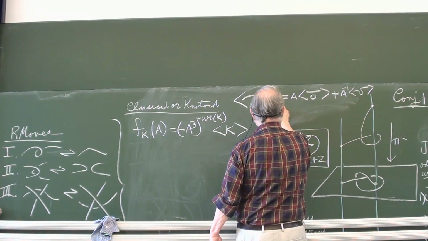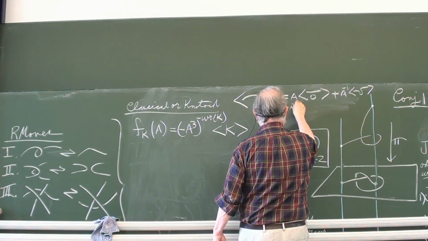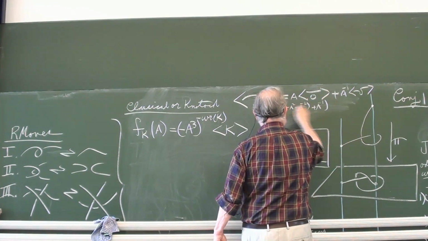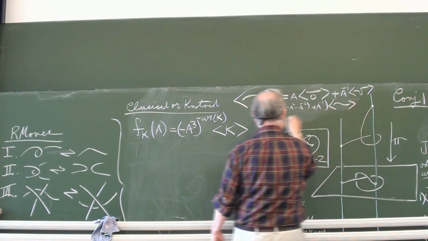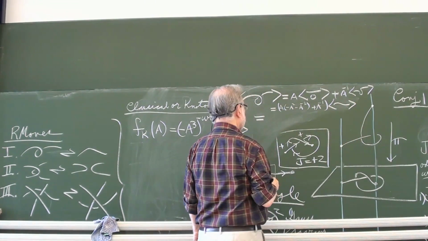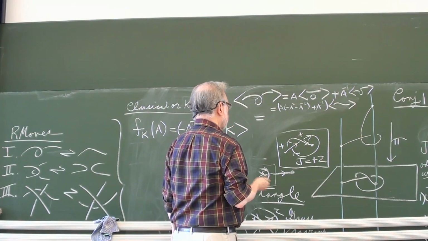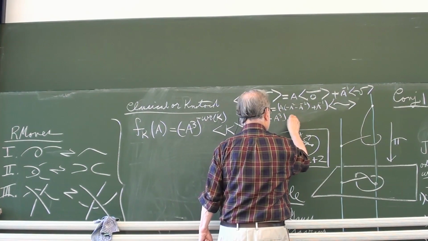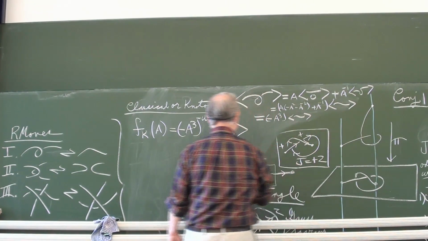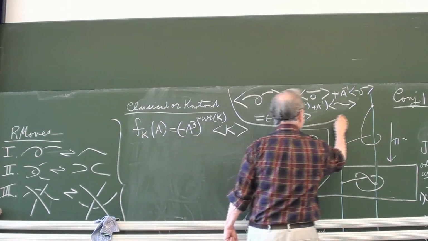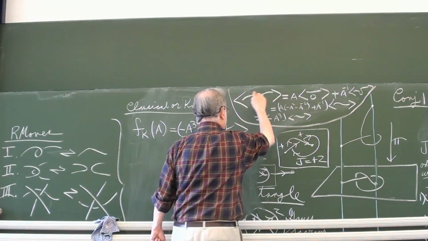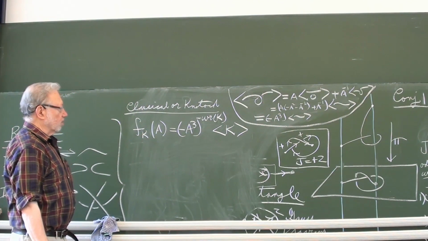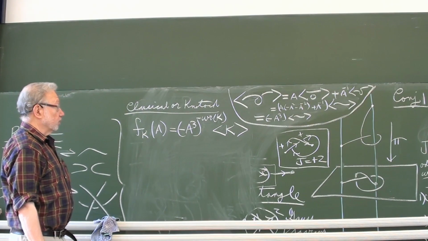And that's equal to A times minus A squared minus A to the minus 2, plus A inverse, multiplied by the evaluation of the curl removed, and that's equal to minus A cubed minus A inverse plus A inverse, so this is equal to minus A cubed multiplied by the evaluation with the curl removed. And by the same token, if you were to put the curl the other way, switch the type of curl, then it will come out minus A to the minus 3, the inverse of that.